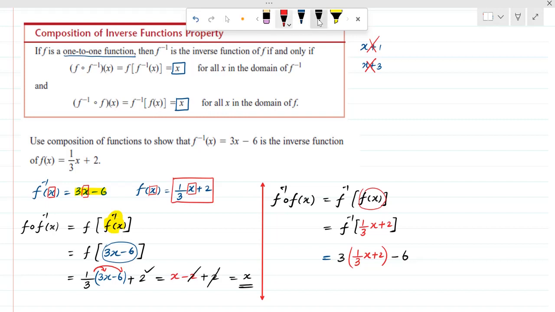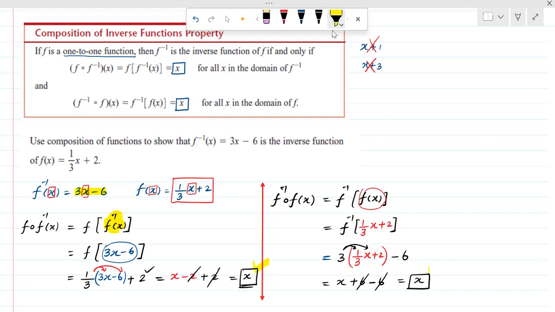Now simplify. What is the simplification here? When you multiply inside, you will get plus 3 and minus 3 get cancelled. The 3 gets cancelled, you will have x. Here plus 6 minus 6, plus and minus get cancelled. You will get x. Therefore, in both conditions you will have x.